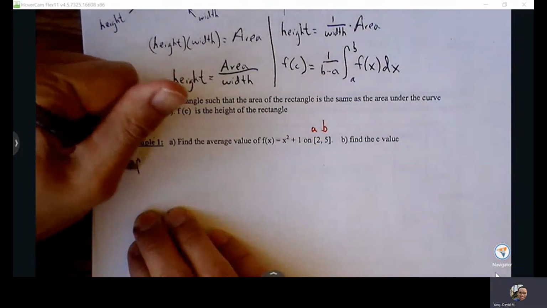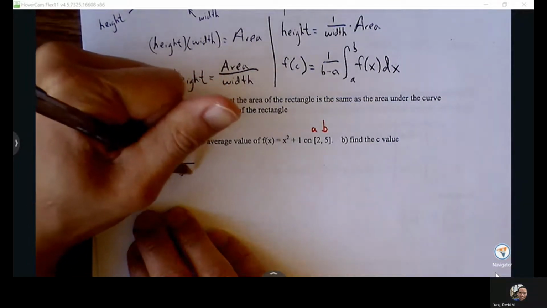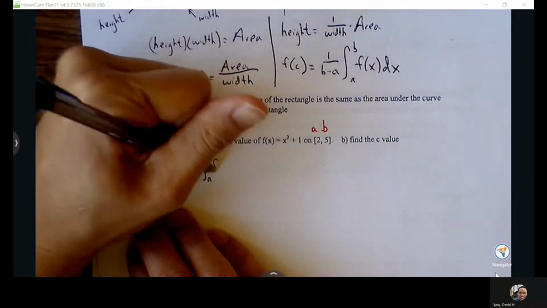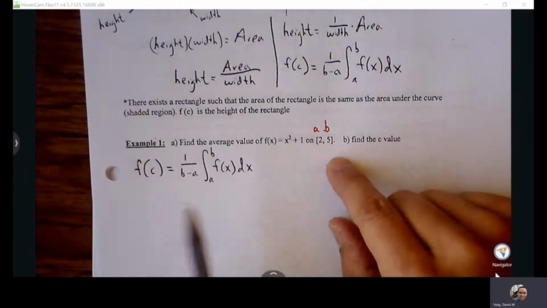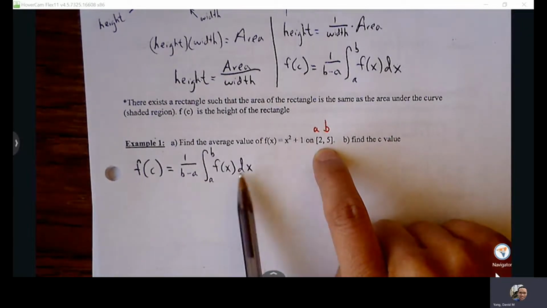Okay, and here I'm going to rewrite the average value theorem. So all we do at the beginning is we just go ahead and replace every A and B that we see with 2 and 5 and replace the f of x with x squared plus 1.